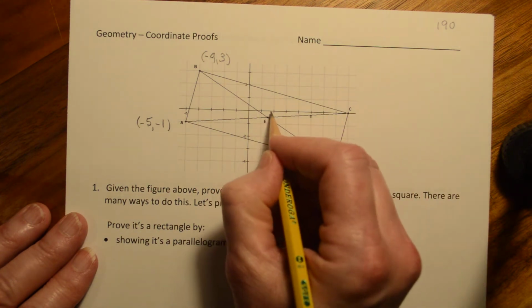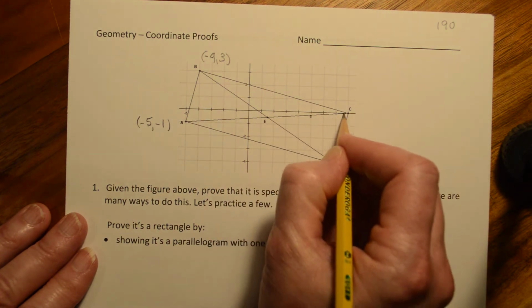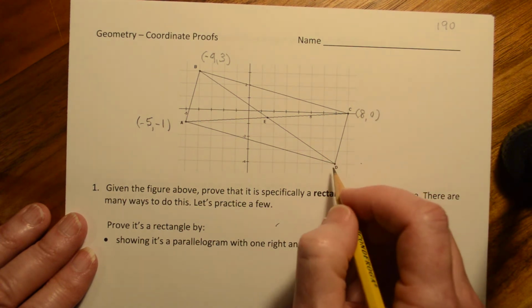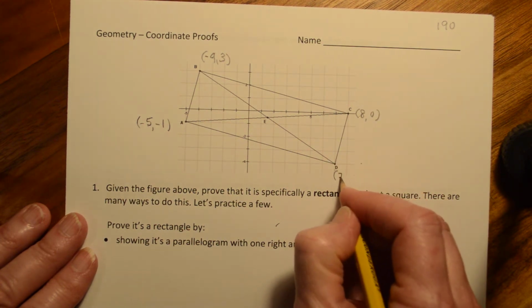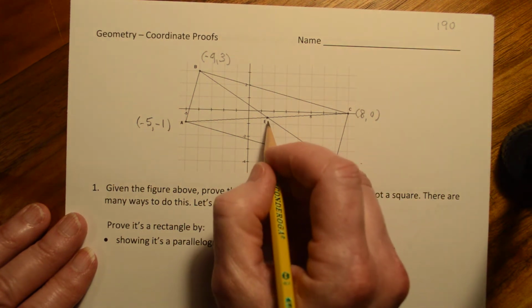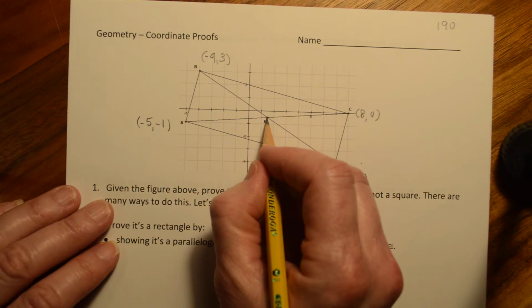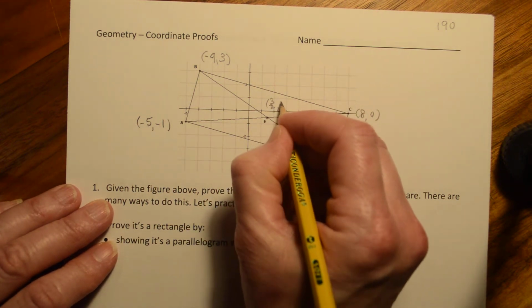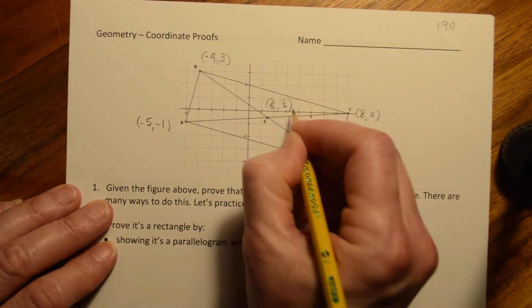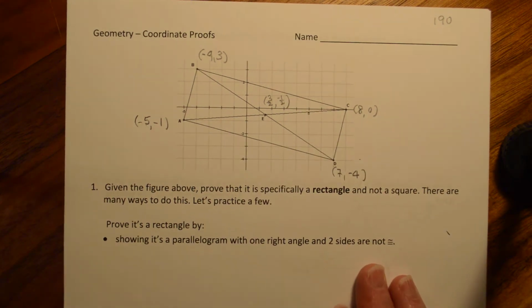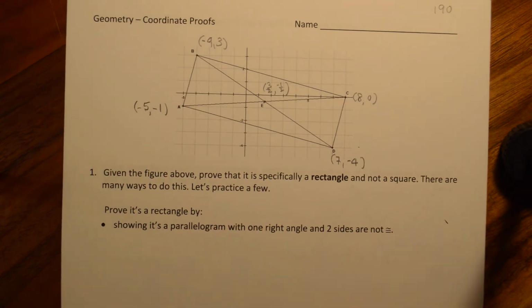This is the point 8, 0. This is the point 7, -4. And this right here looks to be about 1.5, -1/2. So I'm going to say 3/2, -1/2.